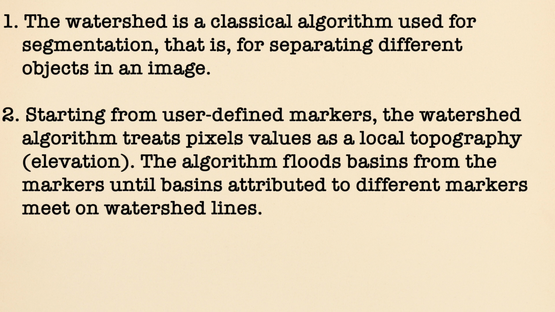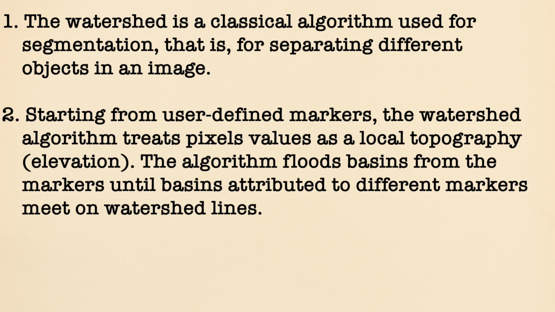Starting from user defined markers, the watershed algorithm treats pixel values as a local topology, that is, elevation, and that elevation is used as local topology for the input image.